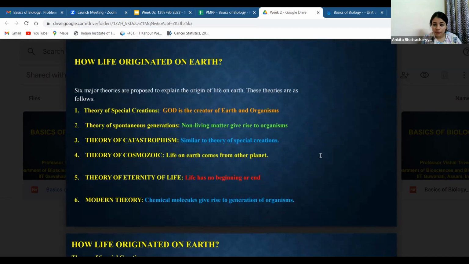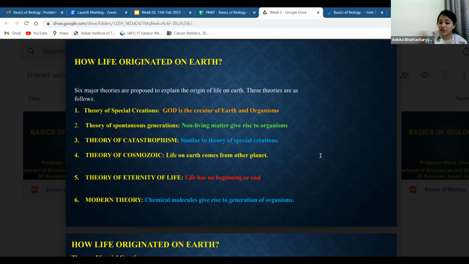Then several scientists came up with different theories for explaining how life originated on Earth, which includes the theory of special creation, centered around religious concepts that God has created life as it is. But of course, there was no experimental evidence that backed it up.